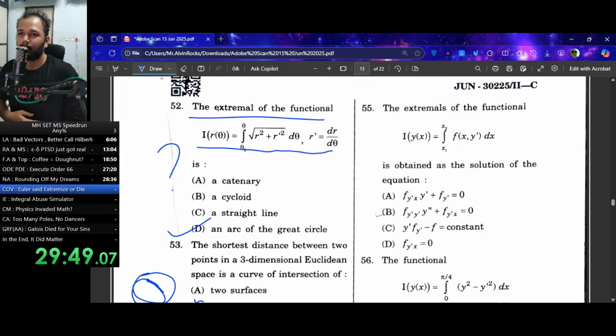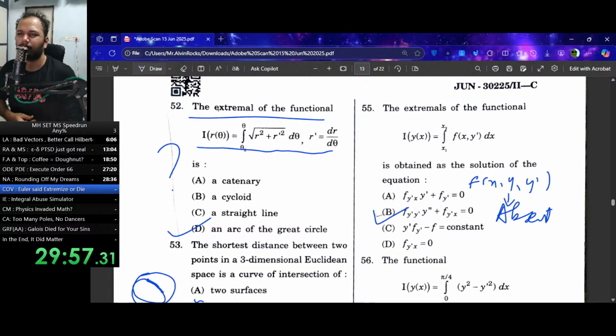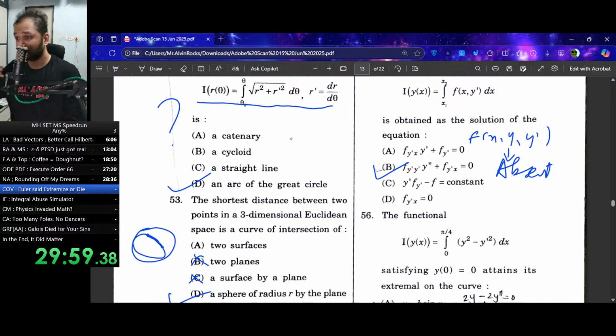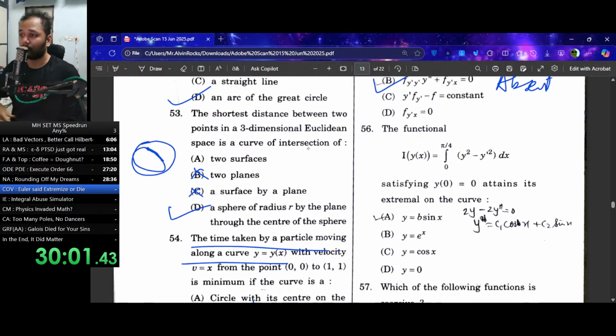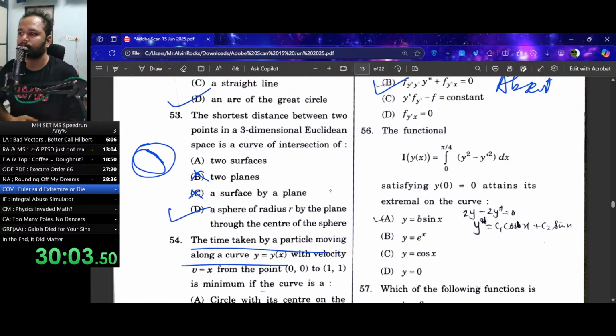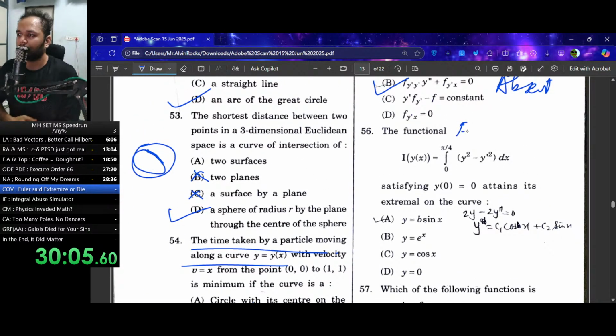Okay, directly, since f has no x-dependence here, therefore this one I suppose. Right, f_y minus d/dx of f_y prime is equal to 0.